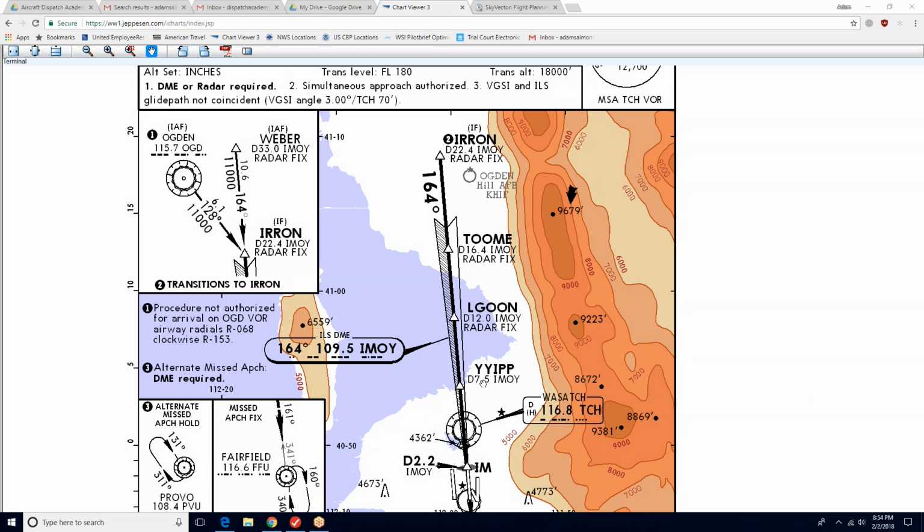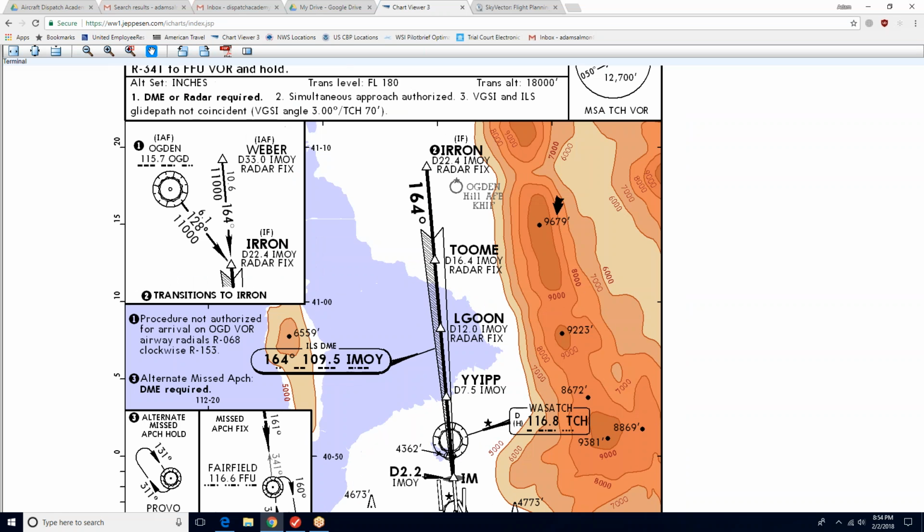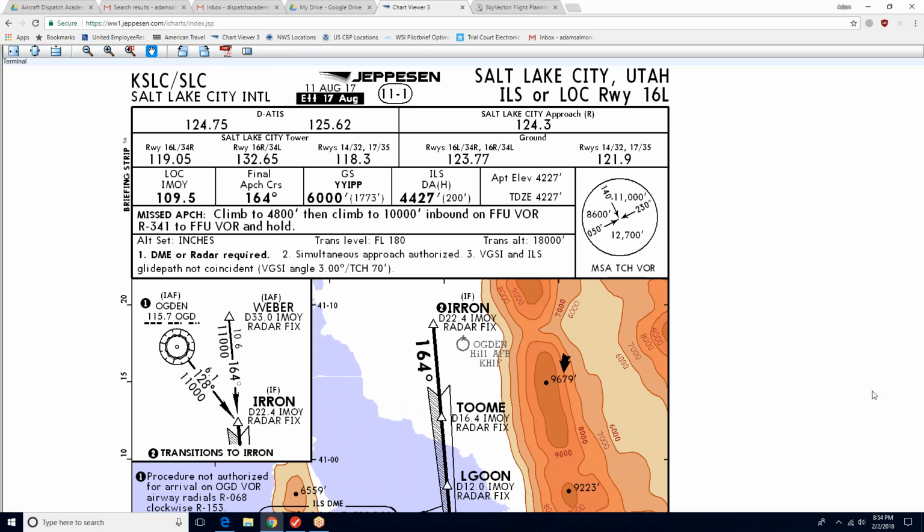And one other thing too, going back up to this top part, this little box here, I failed to mention, is called your MSA, which stands for Minimum Sector Altitude.